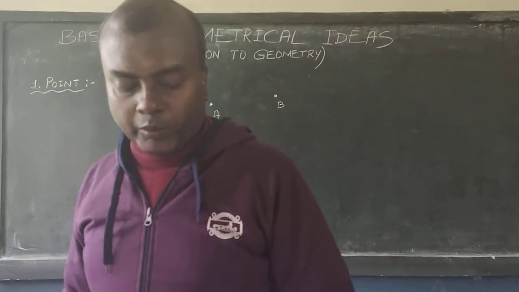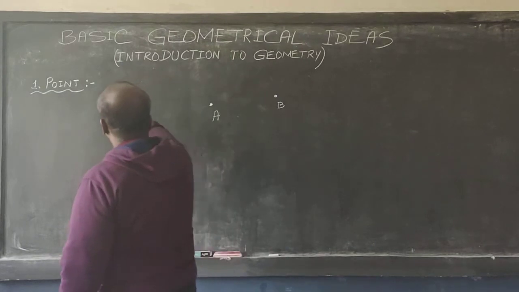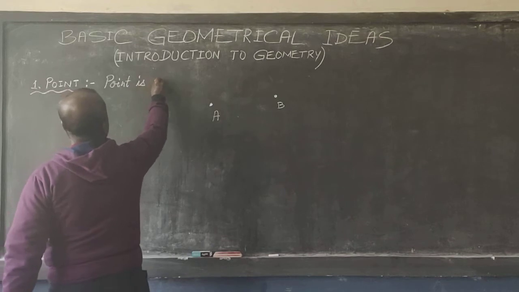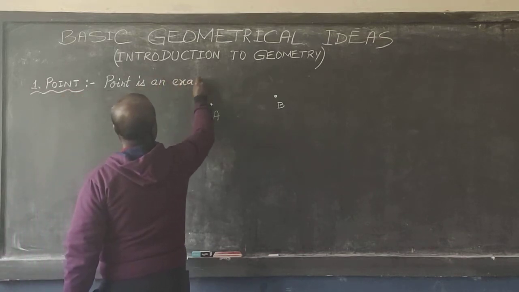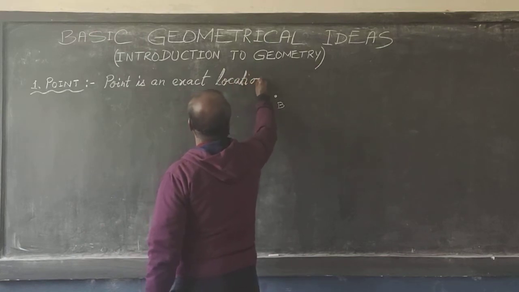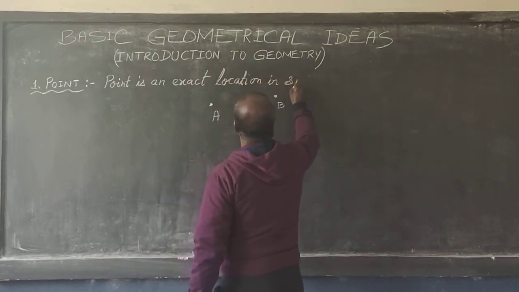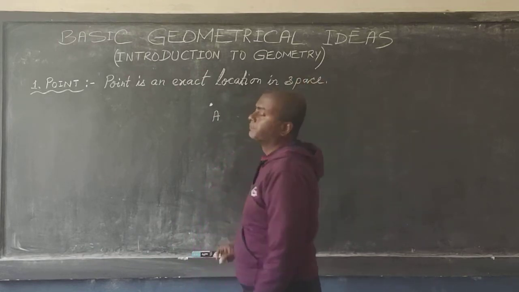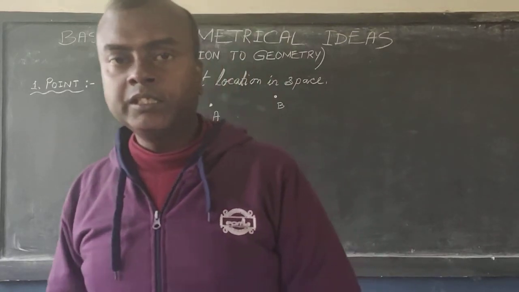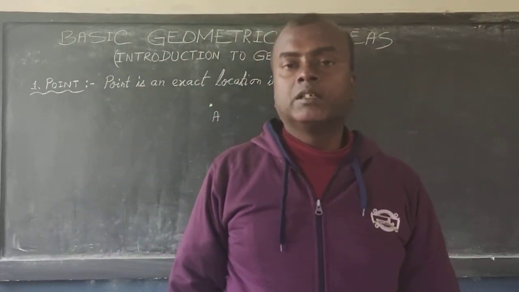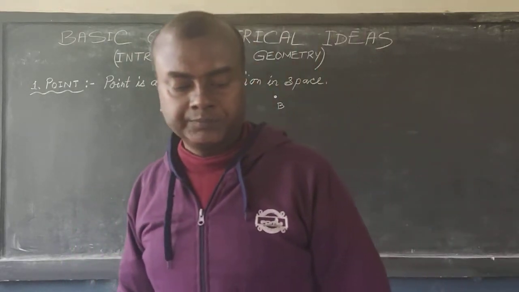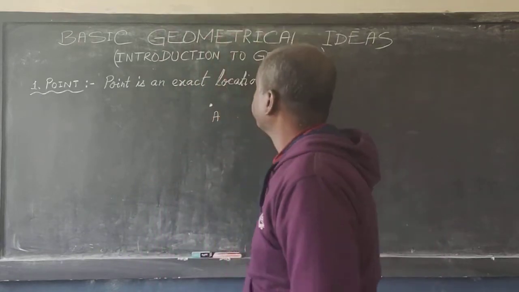So what is a point? A point is an exact location in space. Naming of points, as I have said, you can name any point by giving English alphabetical names.